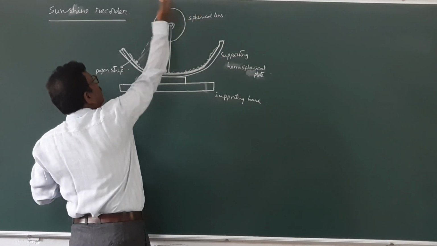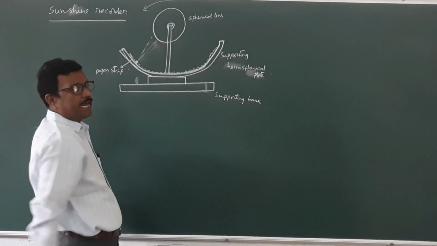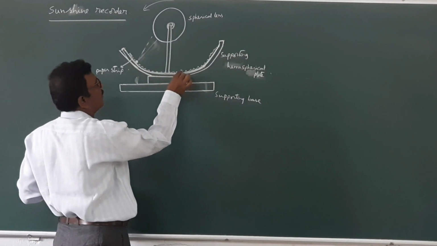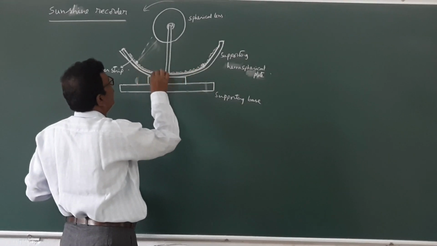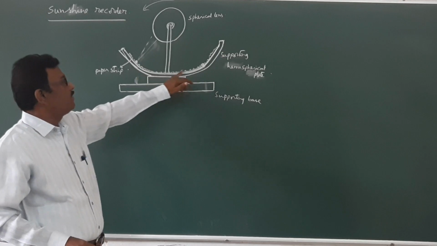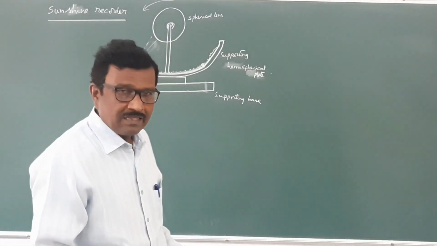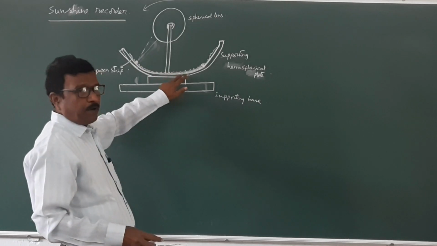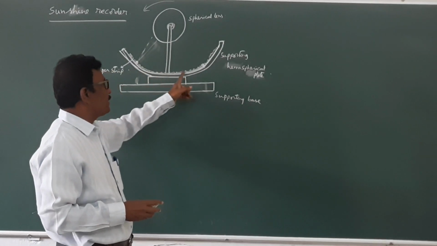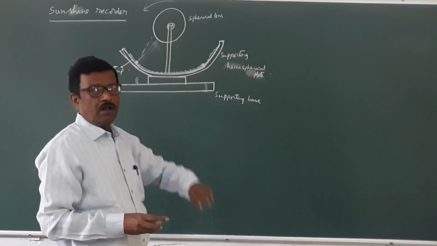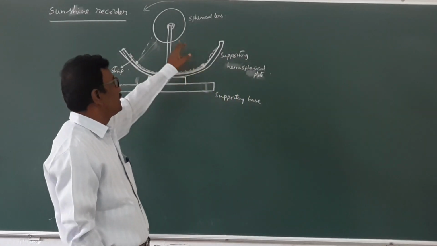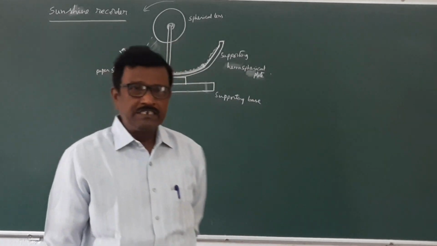As the sun moves along this direction, that burn mark will move this way. In this manner, if you measure the length of the burn, the black mark produced on the paper strip, you can measure the amount of time for which the solar radiation is available for utilization.